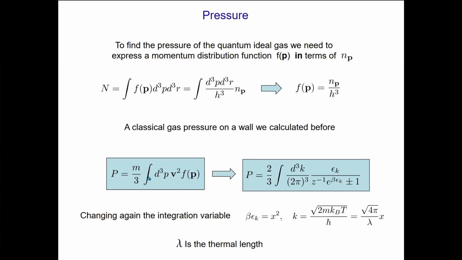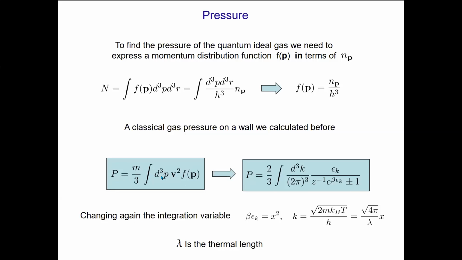It was given by the integral over the momentum space, of kinetic energy mv squared over 2, times 2/3, with the distribution function. But now instead of the distribution function here, we substitute its expression in terms of the quantum occupation numbers for bosons or fermions. And when we do that, we get this expression for pressure.